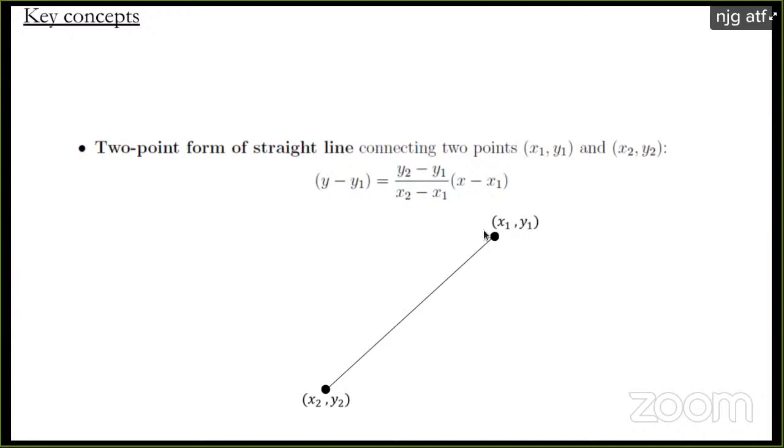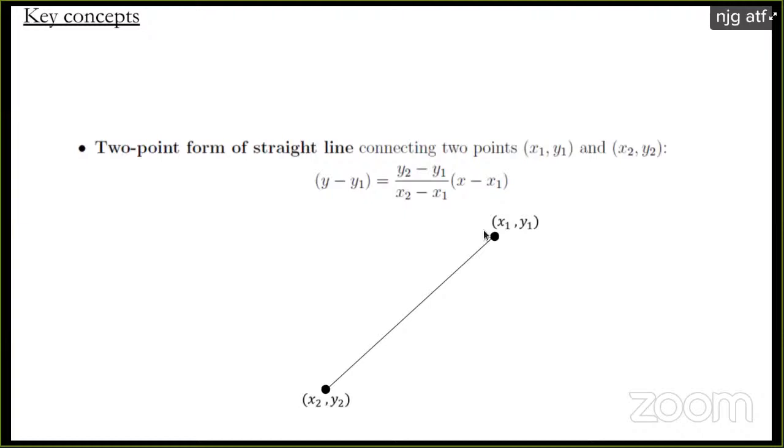If you know 2 points on a straight line, you can calculate the equation of the line. If x1 comma y1 and x2 comma y2 are my 2 points, then the 2 point form says the equation will be y minus y1 is equal to y2 minus y1 by x2 minus x1 times x minus x1. Here, y2 minus y1 by x2 minus x1 is nothing but the slope.